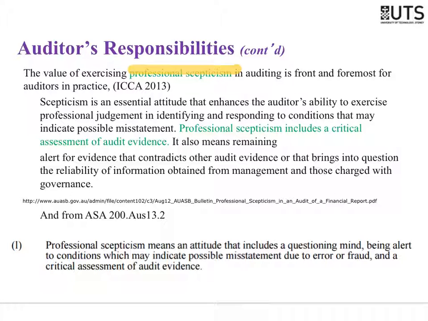So we need to make sure that we have evidence to support all our conclusions. We have evidence to support our judgments, okay, of the procedures that we conducted. Because in the event that an allegation is made that you were negligent, we can say, well, no, we weren't. Here you go. Here's all the information that supports my conclusion. So it's really important for us to do that.